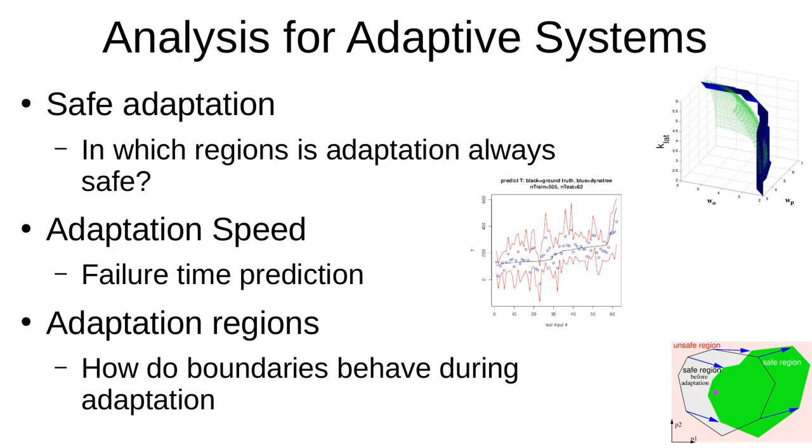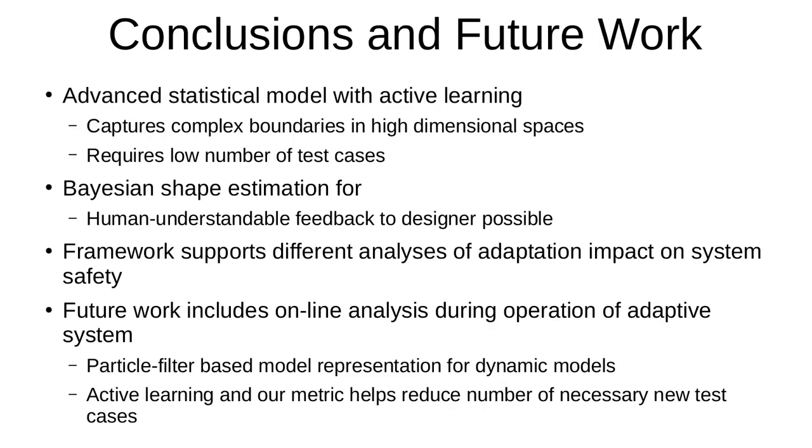To come to the conclusions, our framework is an advanced statistical model with active learning. It can capture complex boundaries in high-dimensional spaces, and it requires a low number of test cases because we use active learning with a specific boundary-aware metric.